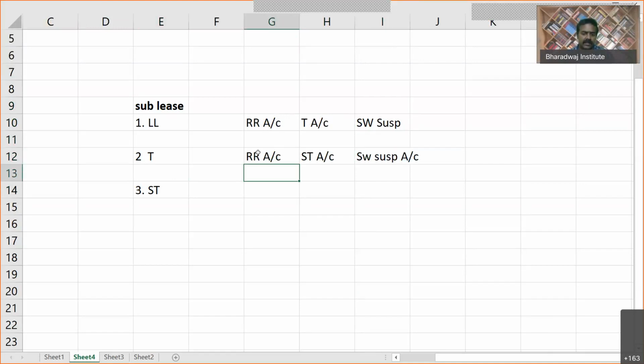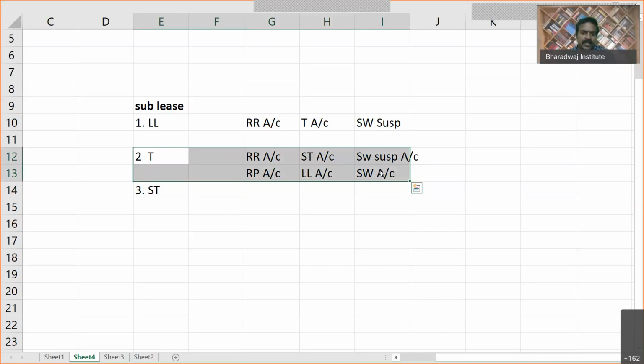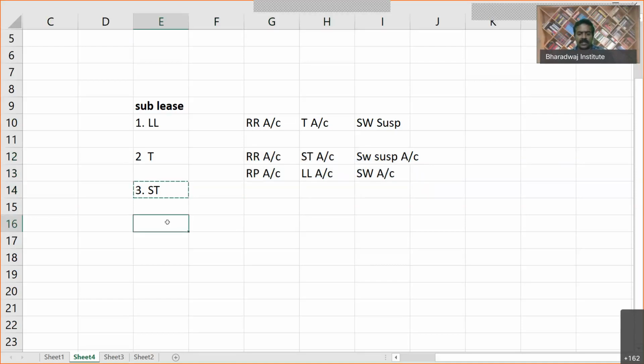And he has to pay the royalty, so he'll prepare royalty payable account, landlord account, then short workings account. So 6 ledger accounts the tenant has to prepare. The subtenant has to pay the royalty, so he'll maintain royalty payable account, his landlord, the tenant account, and short workings account.